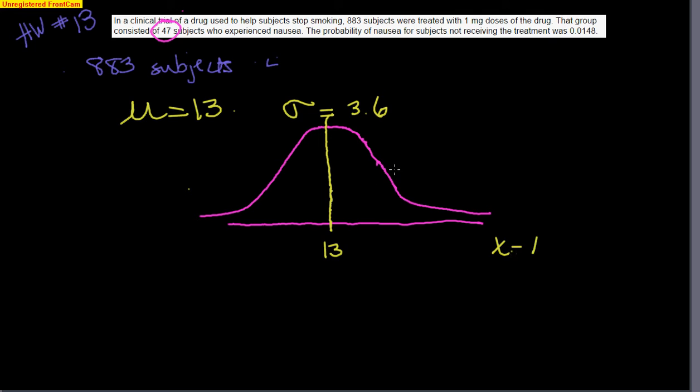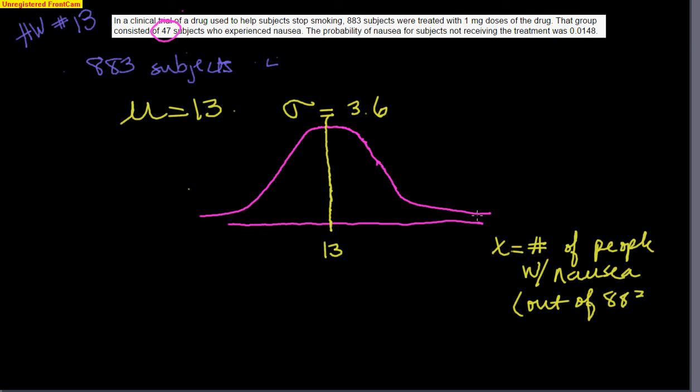X is going to equal the number of people with nausea. Again, this is out of a set of 883. Okay, and we would expect a mean of 13 people with a standard deviation of 3.6.